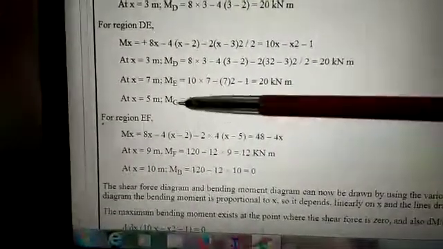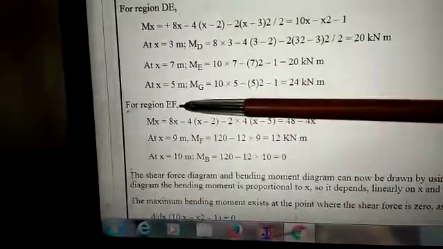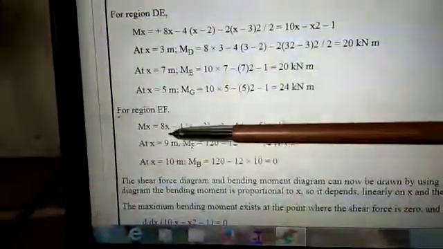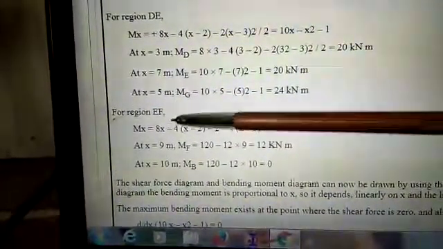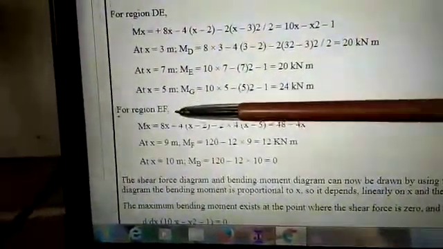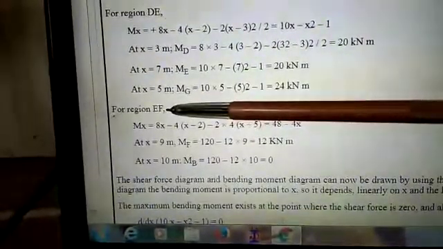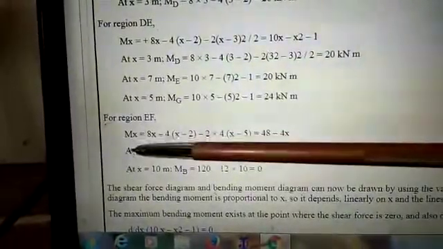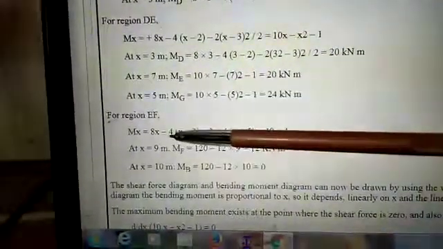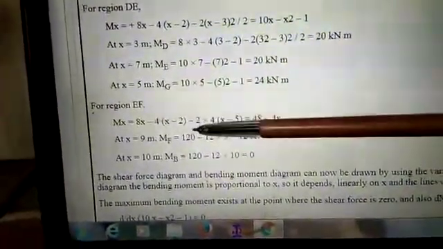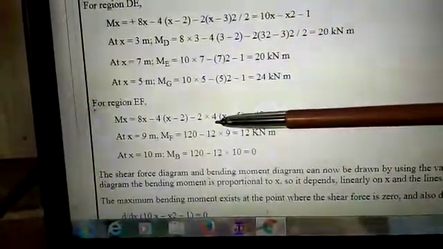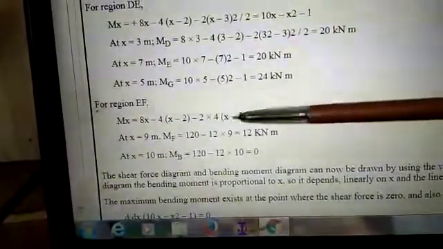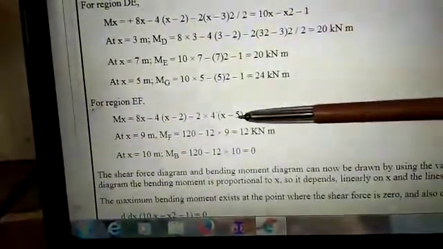Now we will find out the value of moment for the EF section. For the EF section, we will consider the XX section in between EF, and it is at a distance of small x from A. So it will be 8x minus 4 into x minus 2, minus 2 into 4, that is the amount of UDL, into x, that is the section distance, minus the total distance. This is 5.